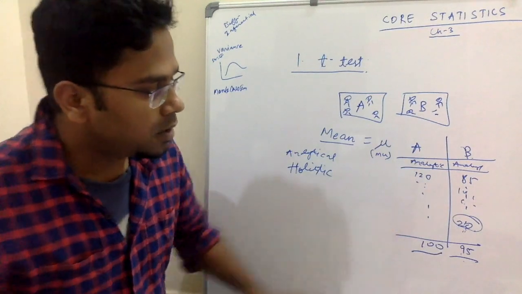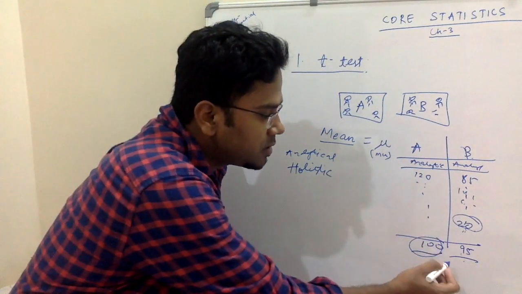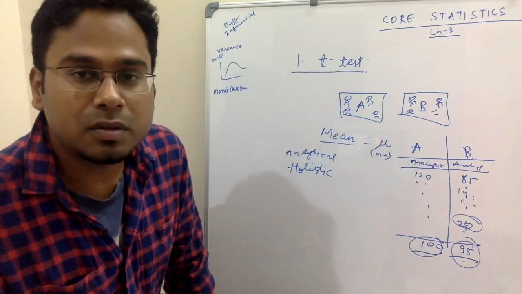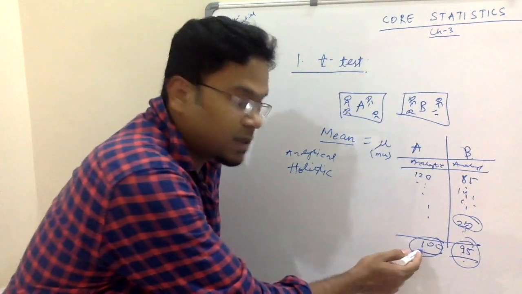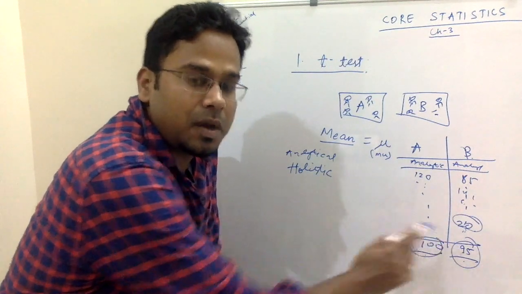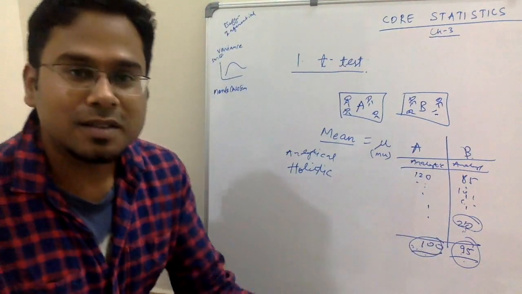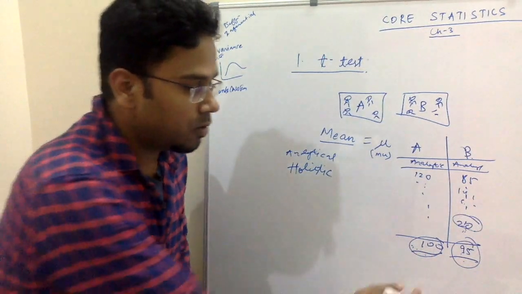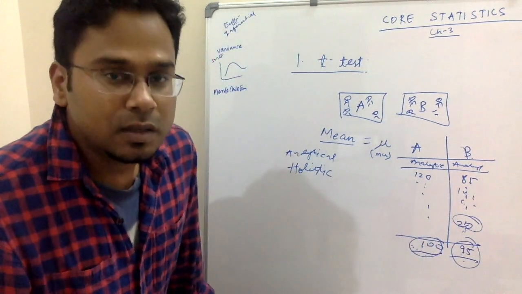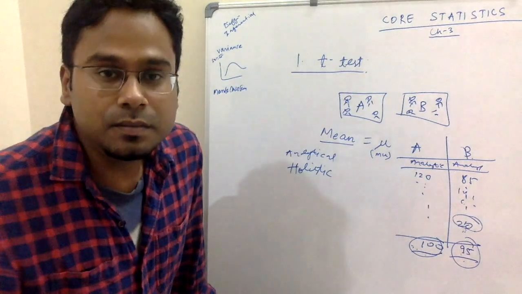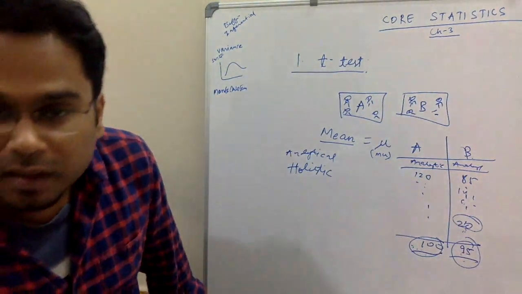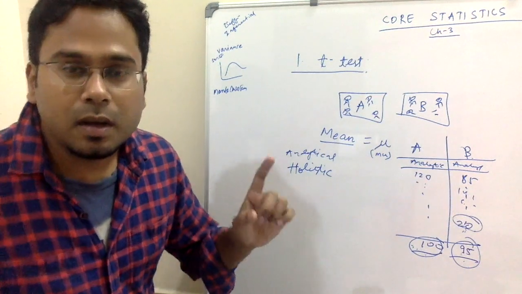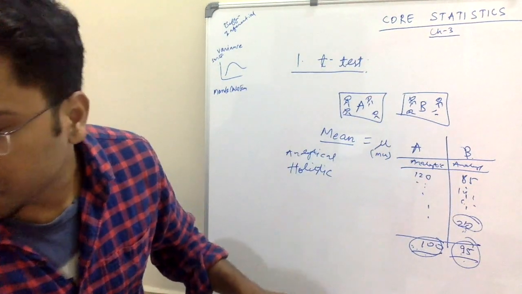And there is also one more factor, which is the difference between the means. No matter how skeptical you are about the data set, if this mean is coming higher and this mean is coming lower, then there is something there, that B's is lower. So we also have to take into account how much difference there is between the two. So a T-test is nothing but a combination of these two things which I told you.